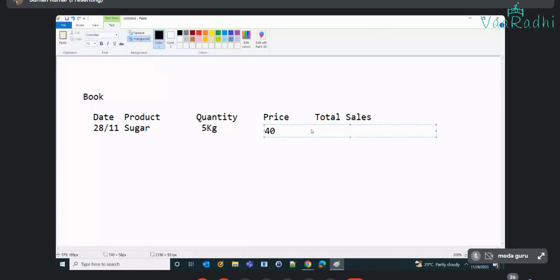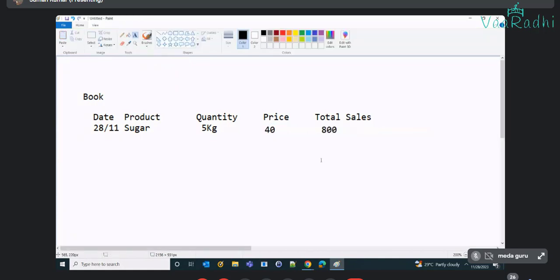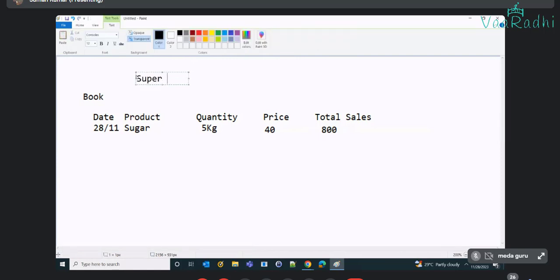Yes, 200 rupees. This way, if you maintain a book in your supermarket, and per day the sales transaction count is 1000, let's suppose.